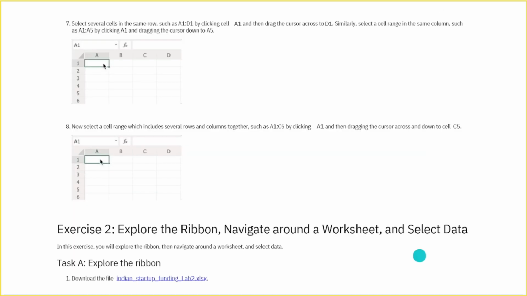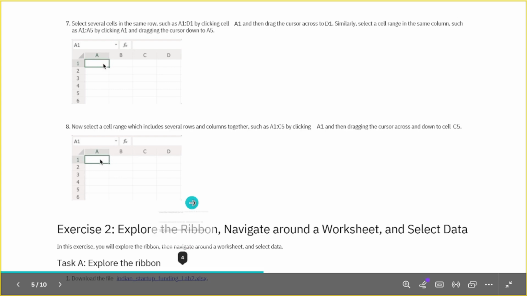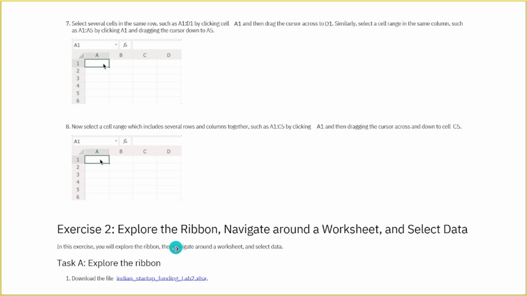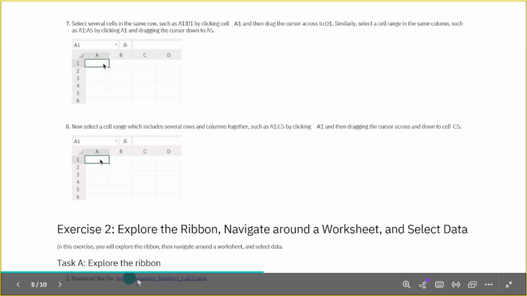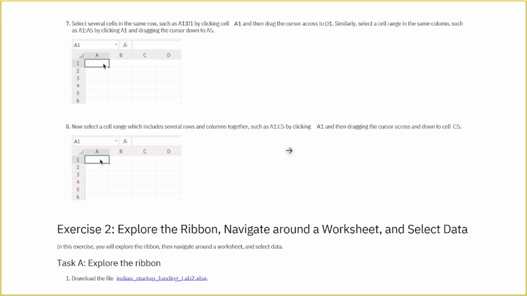Okay, see where I downloaded the file that I'm using. Don't mind this thing. You can see it here, Indian startup funding. So this presentation has everything we are working on.